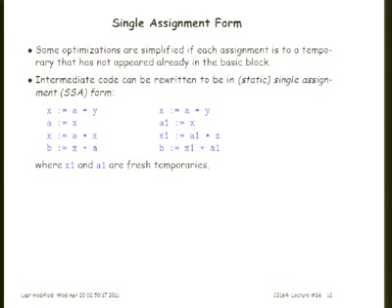Now, this seems kind of strange, and of course it means that you've got all these temporary registers, but the motivation, as we'll see, is that it makes it easier to describe and implement certain optimizations. At the same time, we're going to rely on later parts of optimization, namely those that deal with how you allocate memory and registers, to undo the damage caused by having lots of these things.